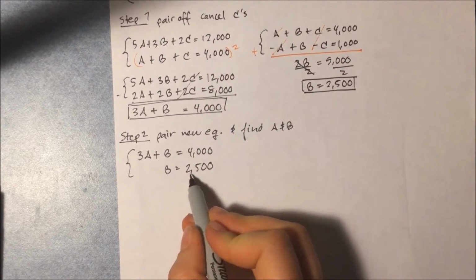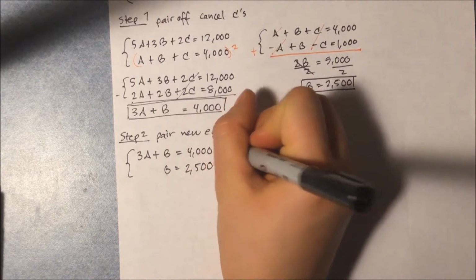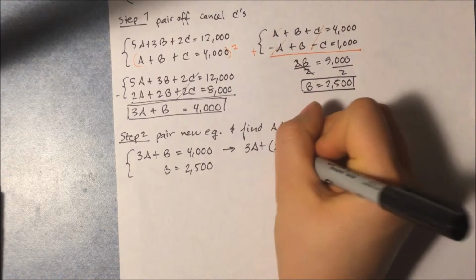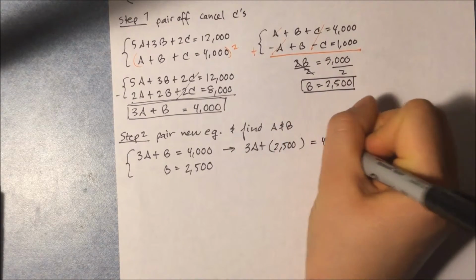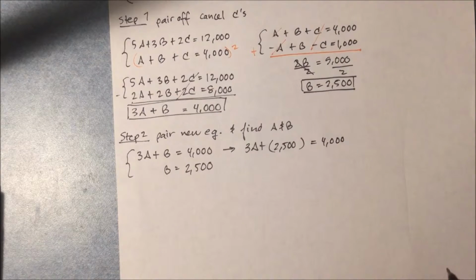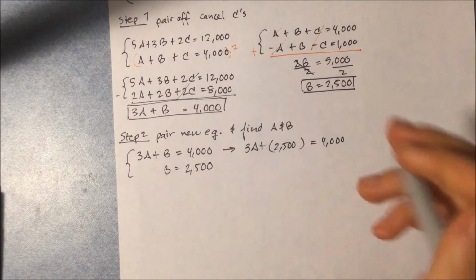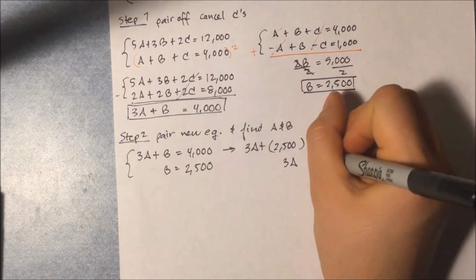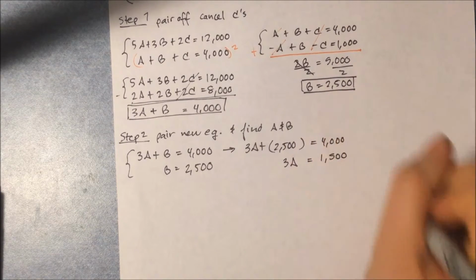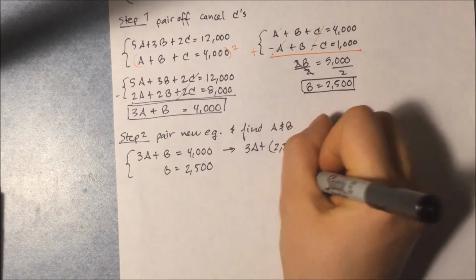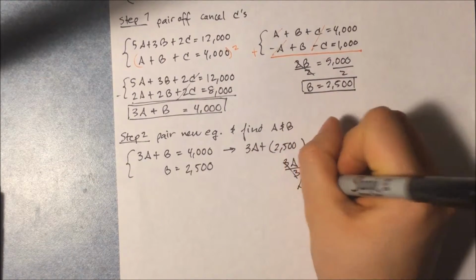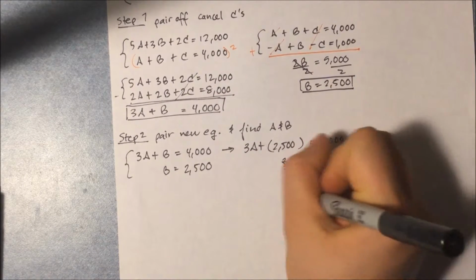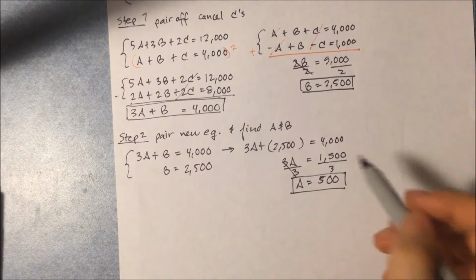Well, since I have B already solved, I'm going to use substitution. So 3A plus my B value, 2,500 equals 4,000. And I get 3A equals 1,500. Dividing by 3, get A equals 500. Great, so now I have solved for A and B.